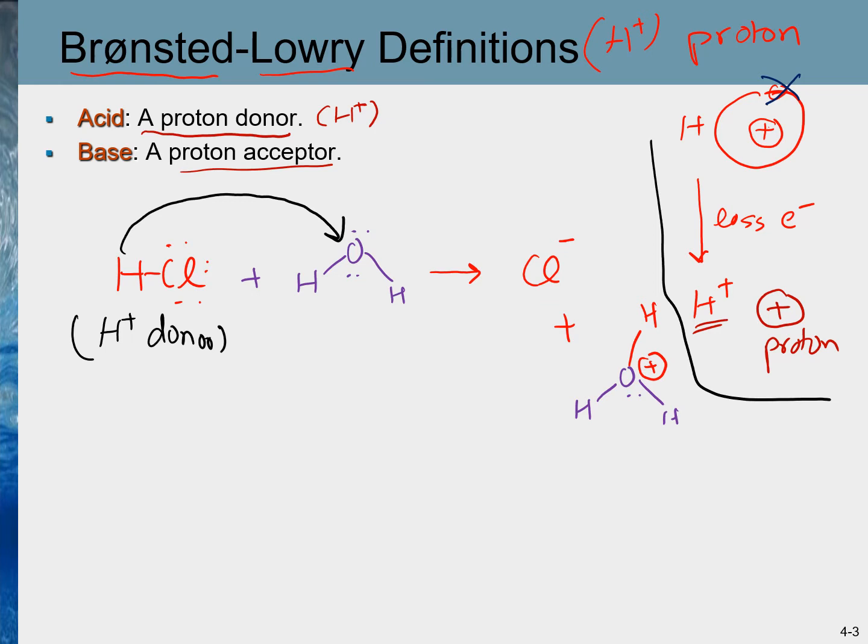If HCl has donated a proton, another substance must have accepted it, and we can see water is the substance which has accepted the proton. So this is a proton acceptor. According to the definition, any substance which donates a proton is an acid. Therefore HCl is an acid, and water is a base.